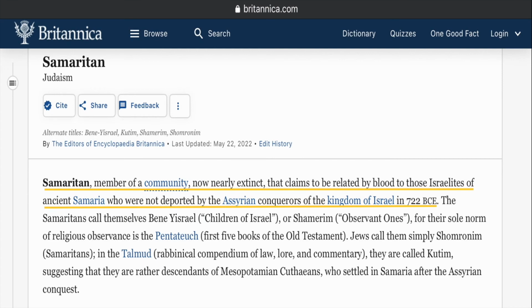According to Britannica, Samaritan member, a community now nearly extinct that claims to be related by blood to those Israelites of ancient Samaria who were not deported by the Assyrian conquerors of the Kingdom of Israel in 722 BCE.